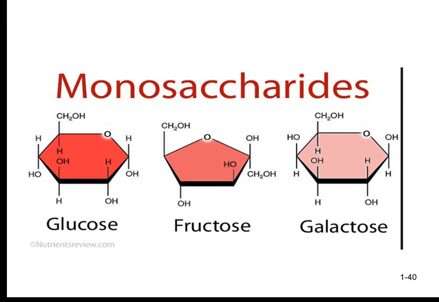So this is how glucose looks. You can see that glucose has 6 of these: 1, 2, 3, 4, 5, 6. A fructose has 5 of these. You can see a fructose has 5. So you need to take note of that. Galactose also has 6: 1, 2, 3, 4, 5, 6.